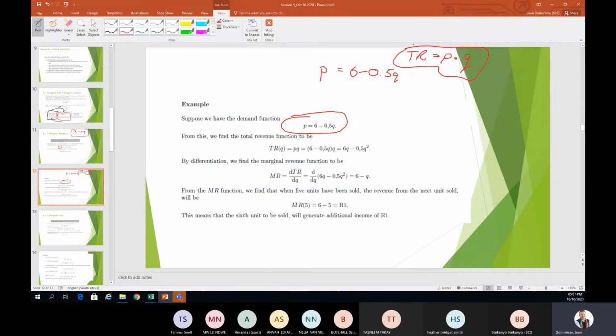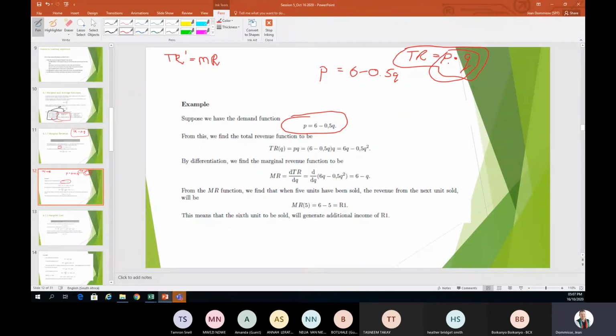So the first thing that you need to remember is, to get to marginal revenue, I need to differentiate total revenue. Do I have total revenue here?